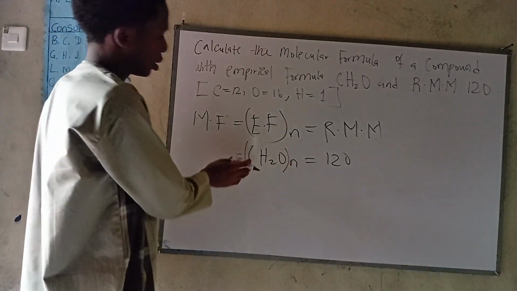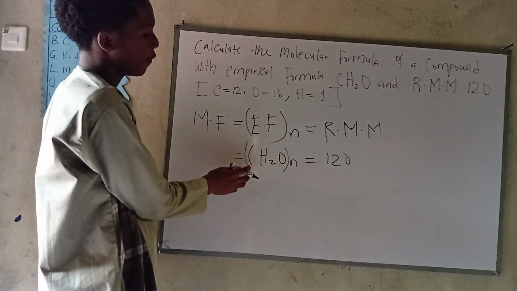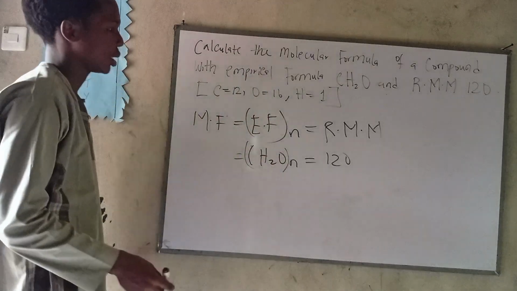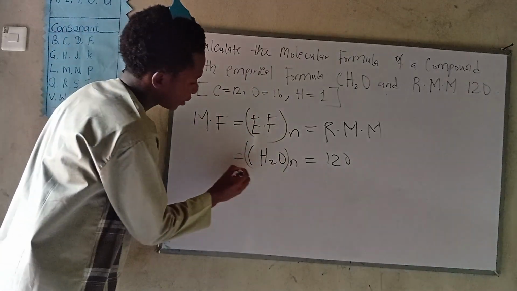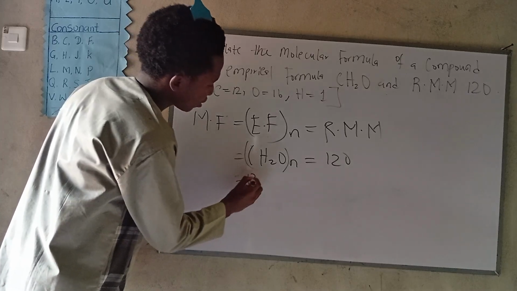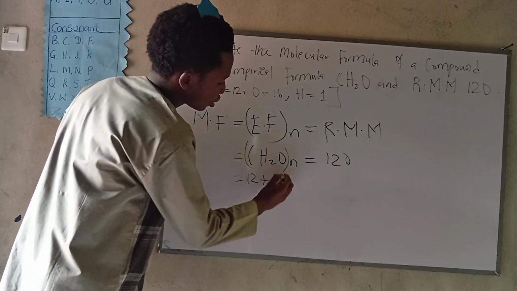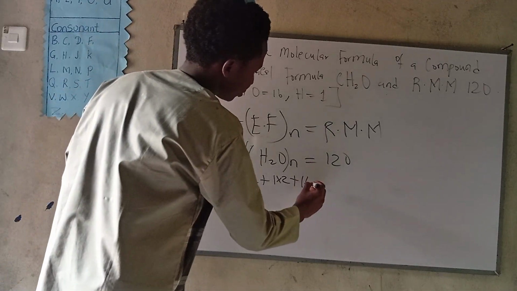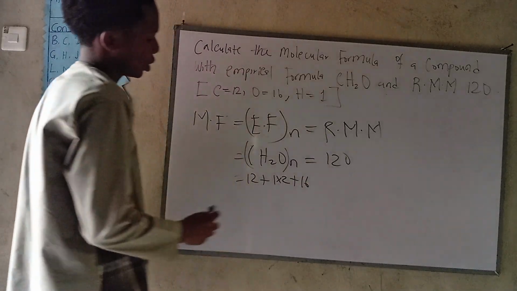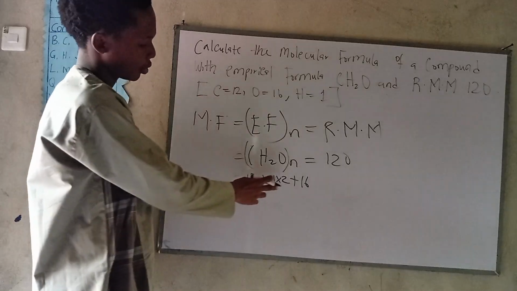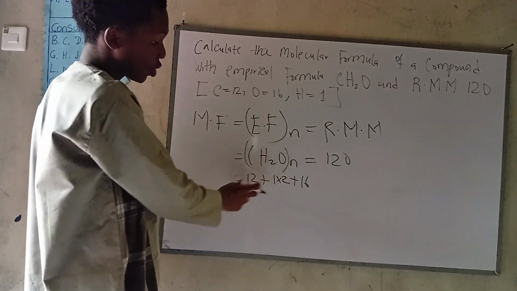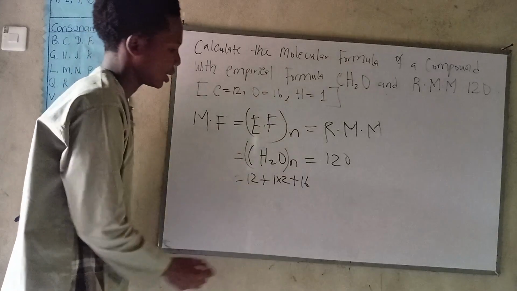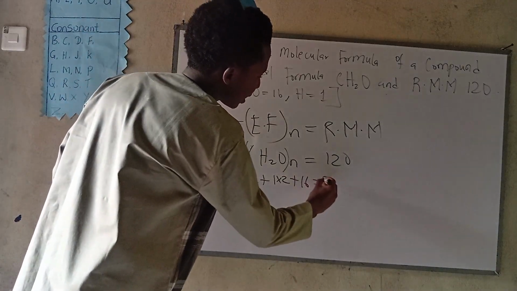So we have carbon. Carbon is 12, hydrogen is 1, and oxygen is 16. So now let's calculate. We have 12 plus 1 times 2 plus 16. What will it give to us? 12 plus 2 will give us 14, plus 16 to give us 30. Now our answer is 30.